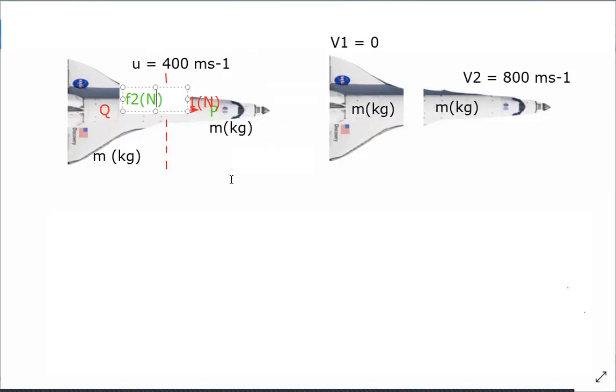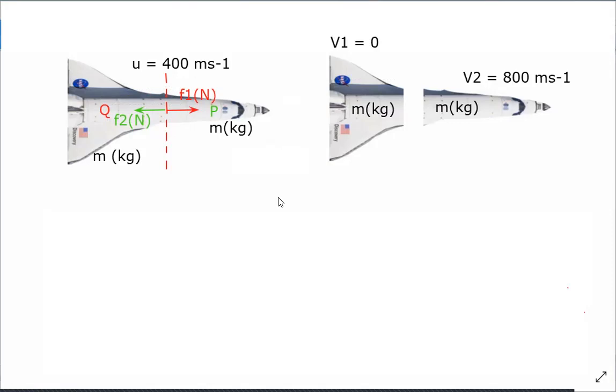If F1 is 100 Newton, F2 is also 100 Newton. Equal in magnitude, just opposite in direction. Got it? Even though I have used two different colors and two different symbols F1, F2, they are equal.